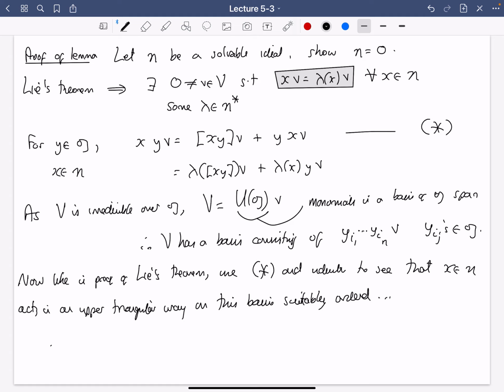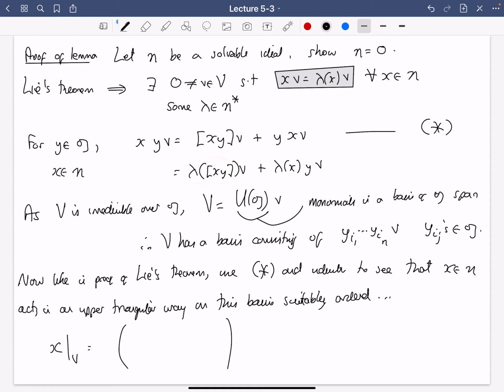So x acting on V will look like a matrix where x acting on some y applied to v gives lambda of x times that vector, plus a scalar times some earlier vector, which is some commutator.